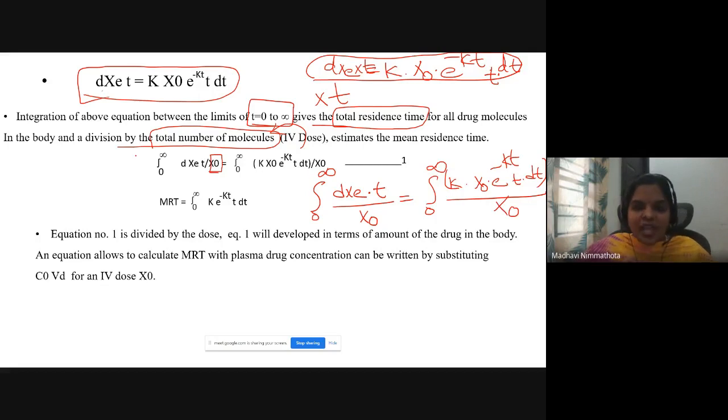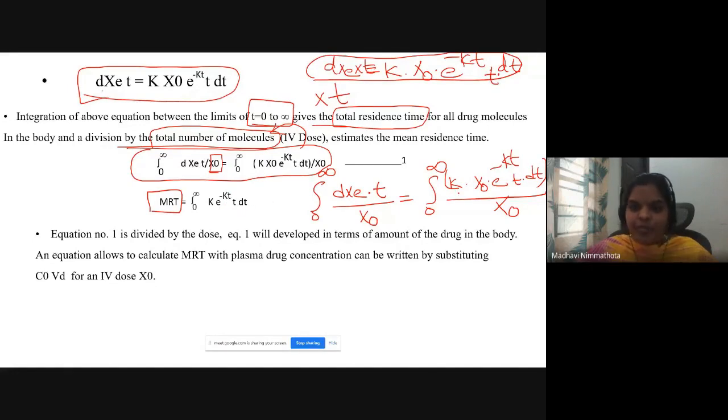This is the major equation for calculating the MRT for IV bolus, IV infusion, so all routes of drug delivery. You have to remember this basic equation. From this equation, we get the total residence time for all the drug molecules: just write down k into e to the power of minus kt into t into dt.